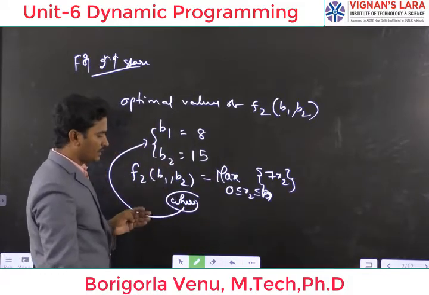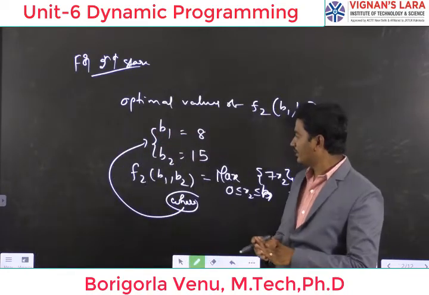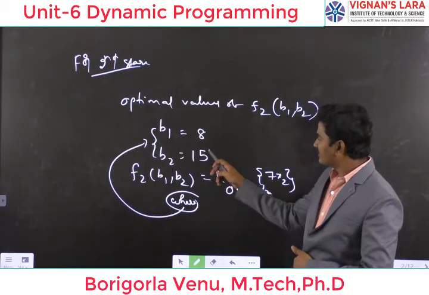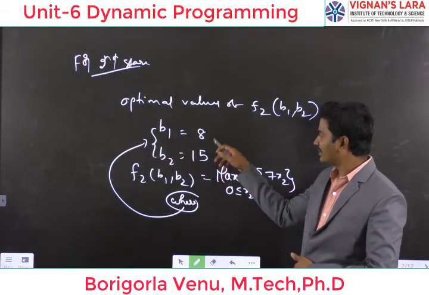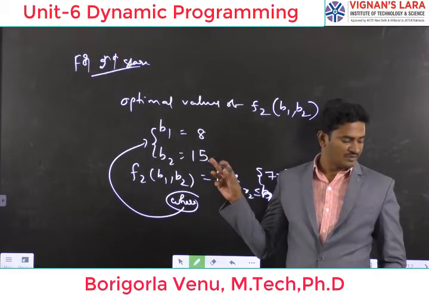Here the feasible value of x2 is non-negative. Why? Because the right hand side values are positive values, so we are going to get the solutions.